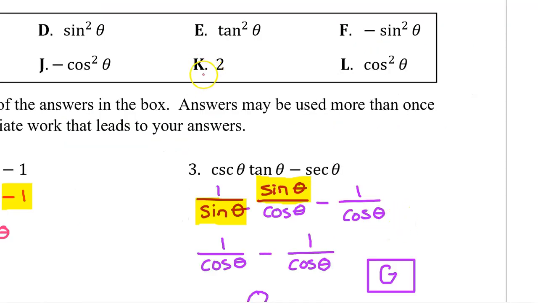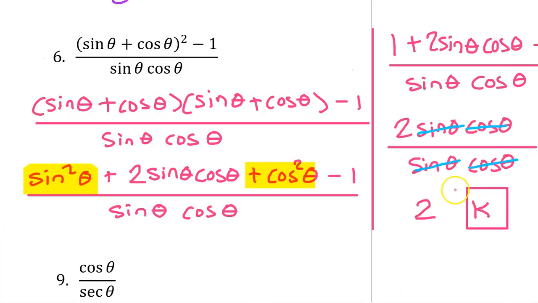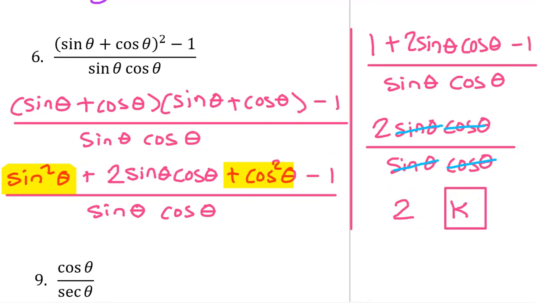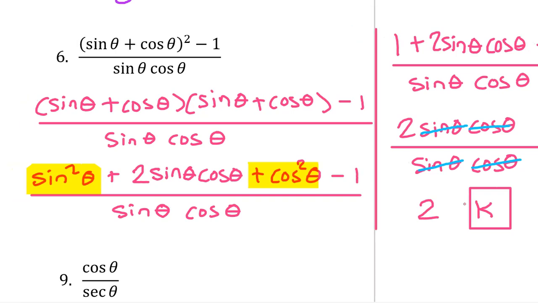The answer is K. On your exam or the AP exam, the directions will say, show all work that leads to your answer. It's important that you do not skip steps. You need to show every step, just like I'm doing, one step at a time. And the grader has to be able to follow your logic to the answer.